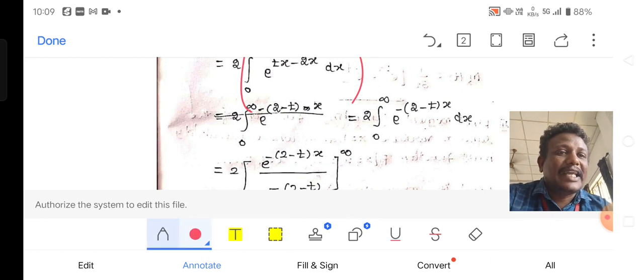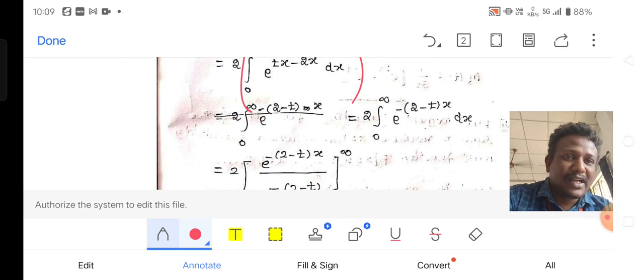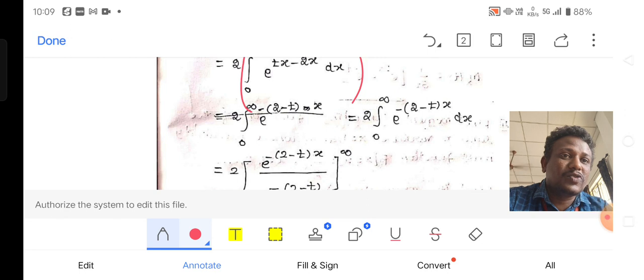If you want to integrate e power x, the formula gives again e power x, and the coefficient of x is written in the denominator.